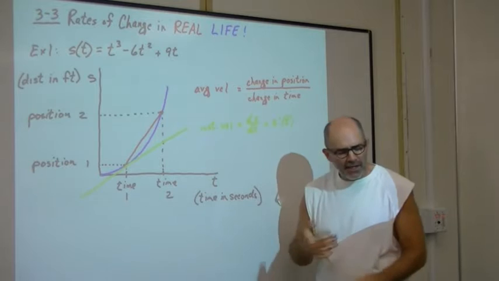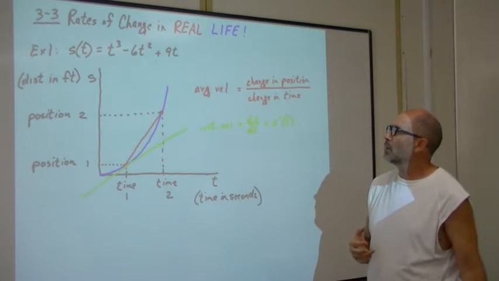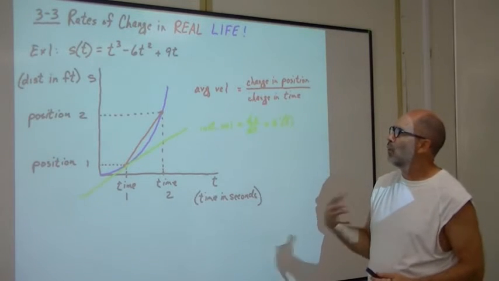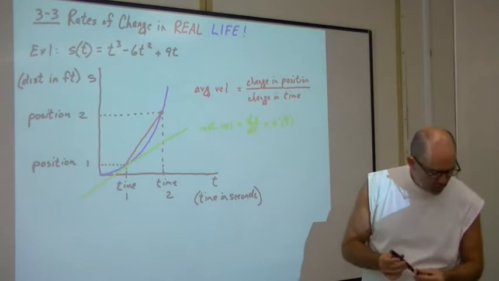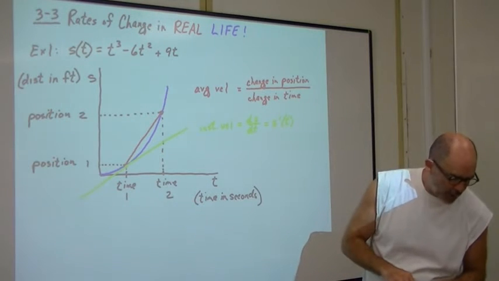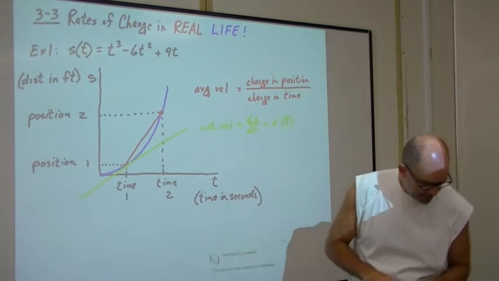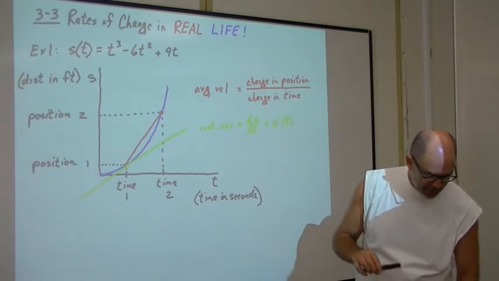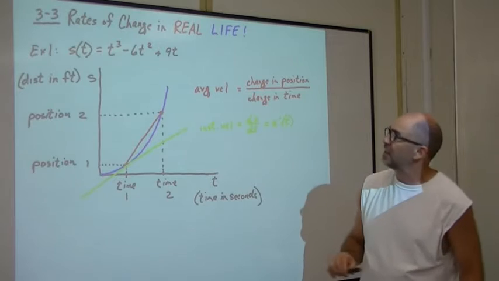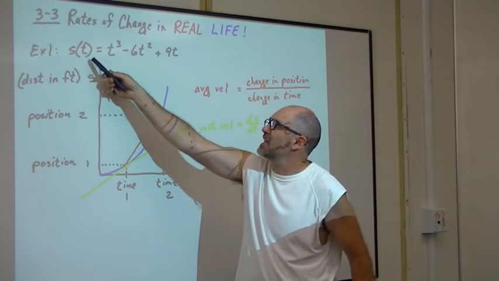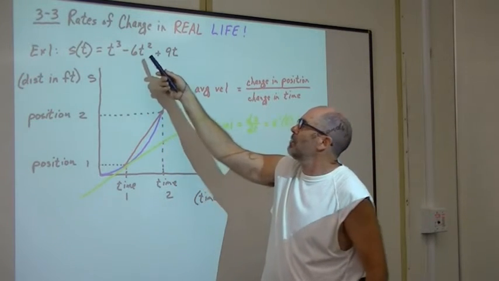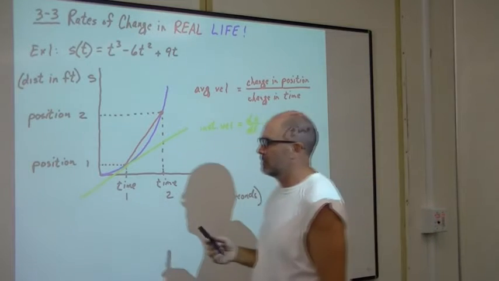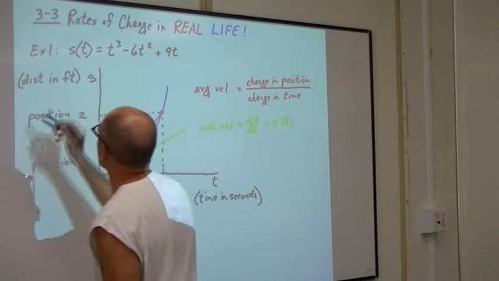So let's cruise onward and actually work with some problems here. First we're going to check out example 1 on page 199. We've got the position of a particle given by the equation s of t equals t cubed minus 6t squared plus 9t.